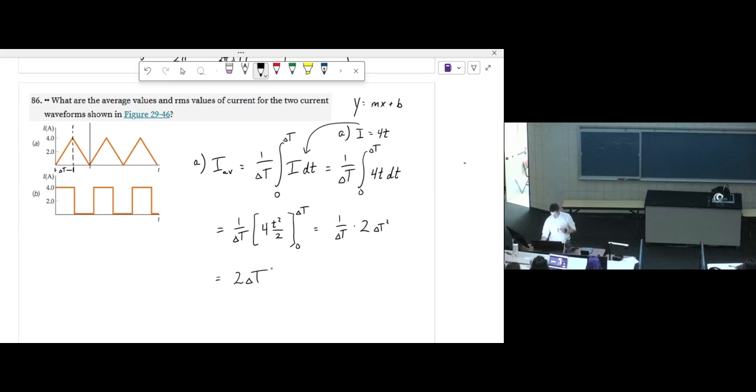Because that would be, oh, I think I know what's missing. Yeah, this would have to be in amps per second here.